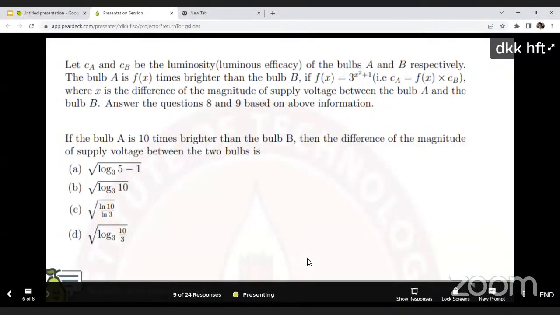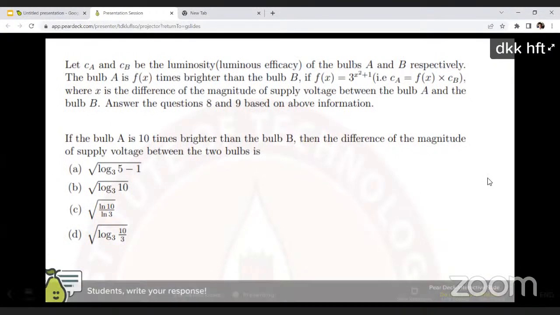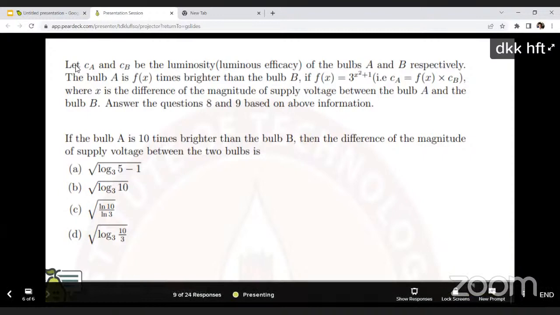Okay, so most of you answered D. It is simple. We have been given the equation, where let C_A and C_B be the luminous efficiency of the bulbs A and B respectively. The bulb A is f of x times brighter than the bulb B. So C_A equals f of x into C_B. What is f of x here? This expression.